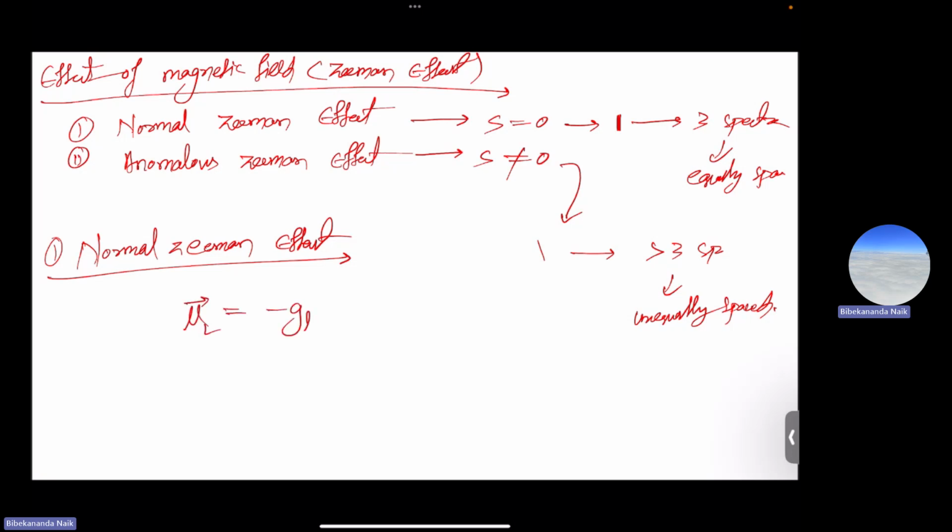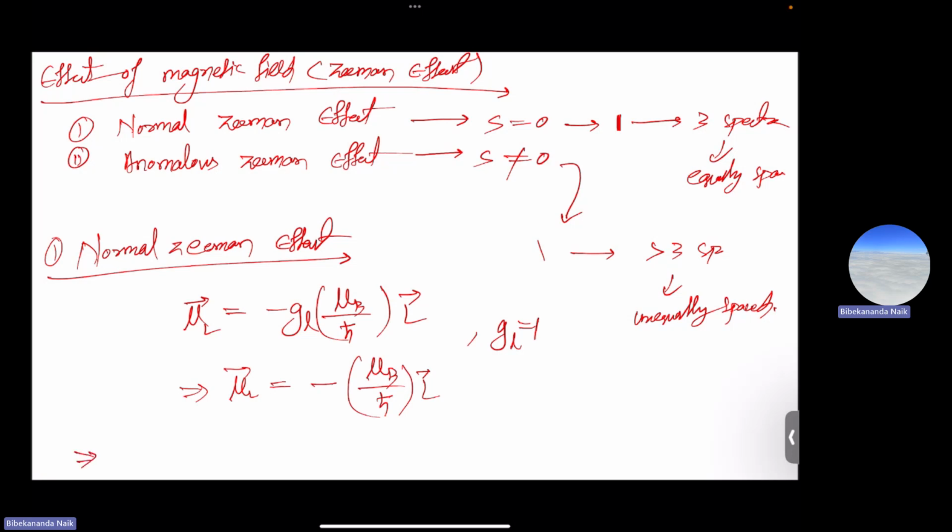It is minus gL mu B by h cross into L vector. Now we know gL is 1 for the orbital component, so mu L will be minus mu B by h cross L vector. So what happens when this is present in an external magnetic field?